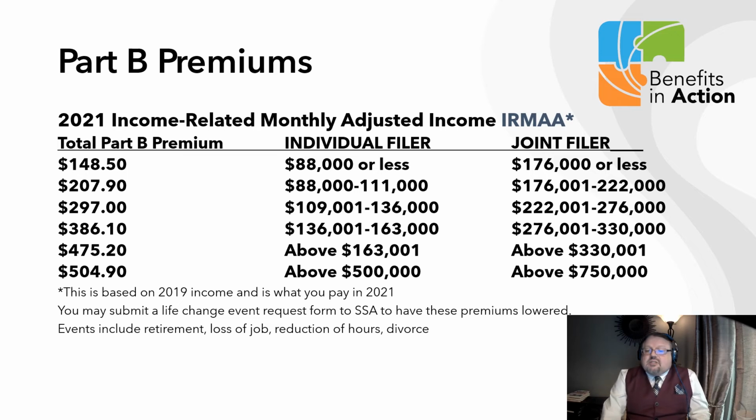Now, some exceptions are available based on some qualifying life events that may help you lower these premiums. Divorces, reduction of hours, loss of job, and other types of events like that can help you lower those premiums. But the more you earn, the higher your Medicare premiums will be.